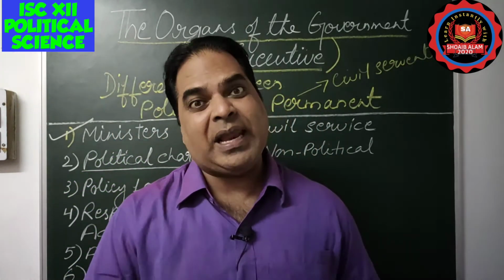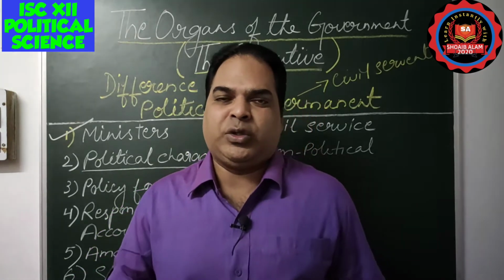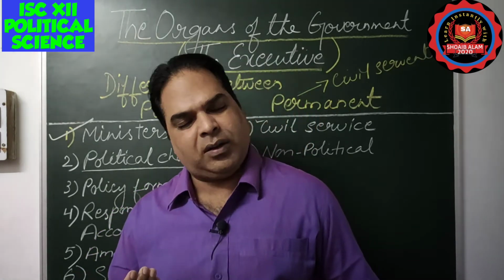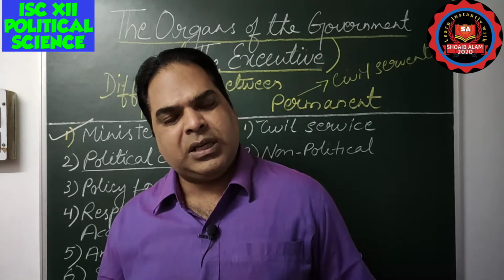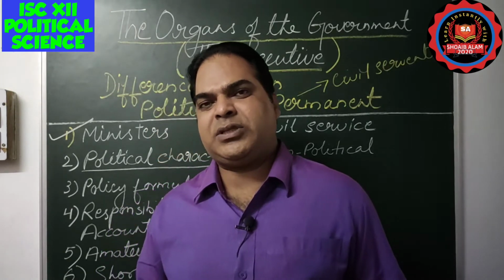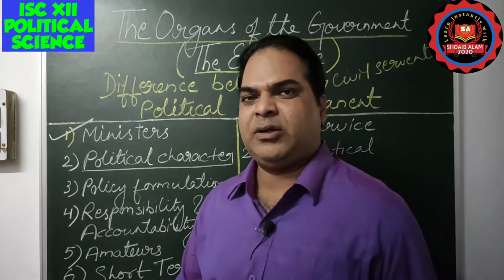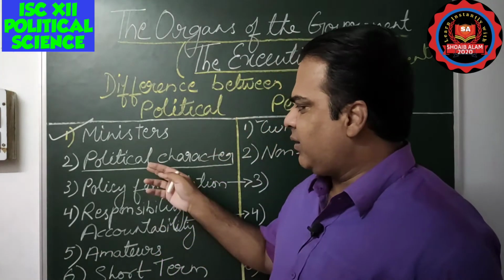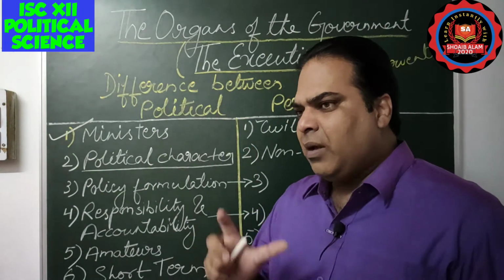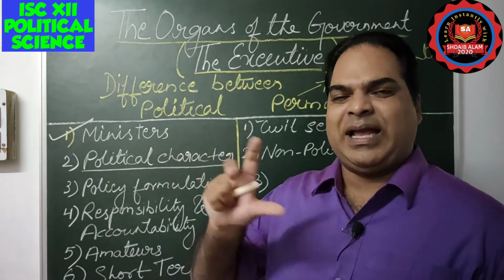When we talk about elected representatives, they have been elected by the people, because they are the representatives of the political parties to whom the people have given the mandate to become the minister. So they are related with politics. The entire ministers have a political character.